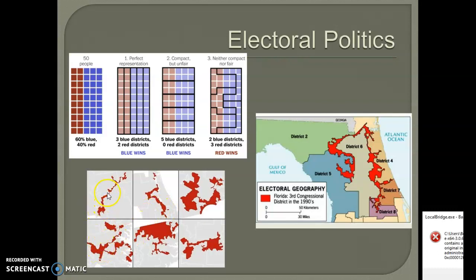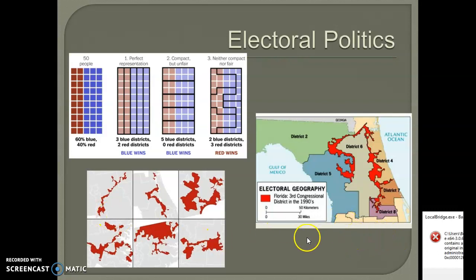You can see the lengths that some people will go to try and create a district that ensures that they will get reelected. But how is it that people on one end have the same interests necessarily as the people at another end? Things like hospitals and schools and parks may not carry the same weight or have the same needs in one end of a district or another.